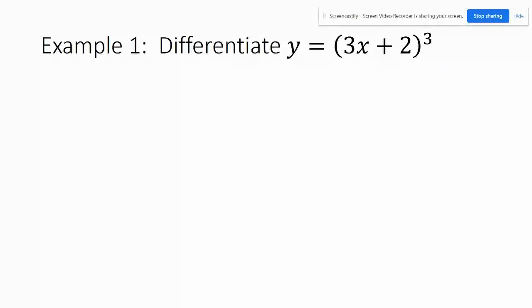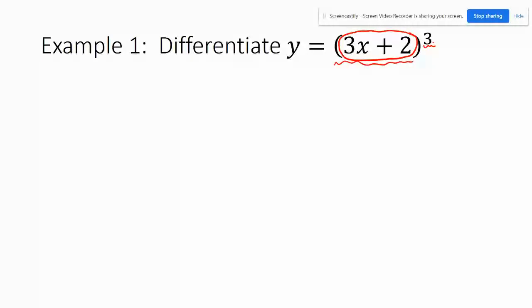In this function over here, on the inside part, we have a linear function. And this has a rate of change, so we can calculate the derivative of the linear function. But then it's something cubed.